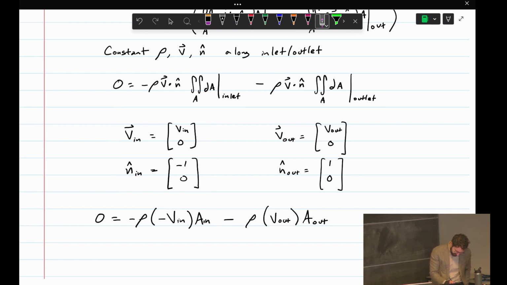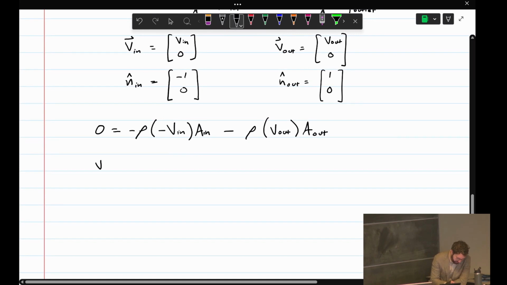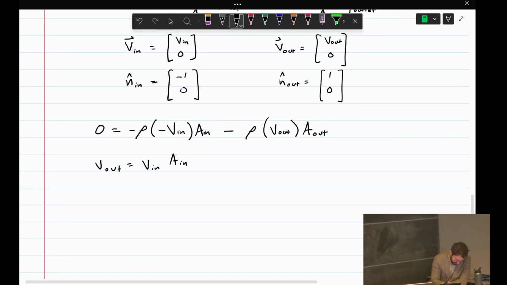The dot product of this dotted with this just produces negative Vn. Again, negative Vn is just a scalar. The dot product takes two vectors and returns a scalar. Same thing with V out. So we're going to get V out is Vn An over A out, which is 1.92 meters per second.